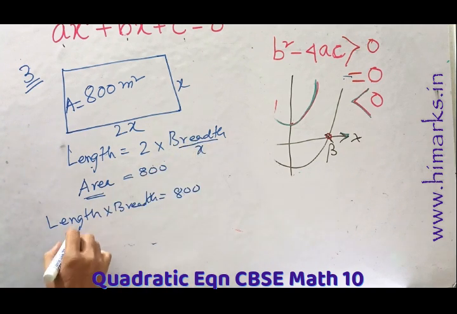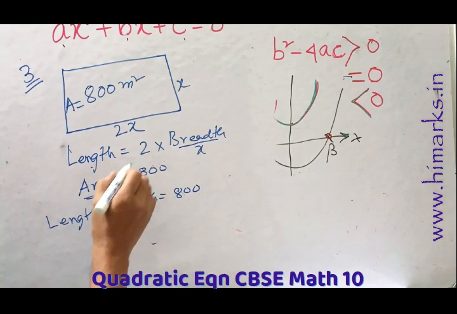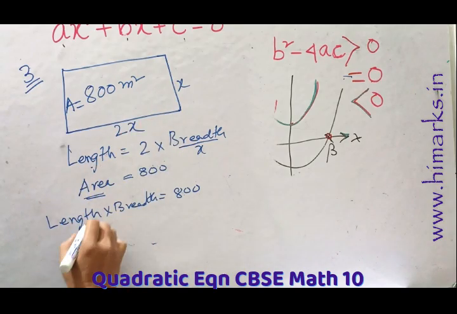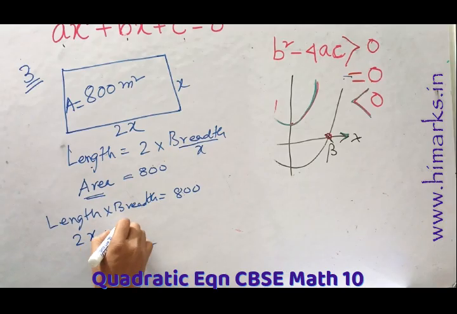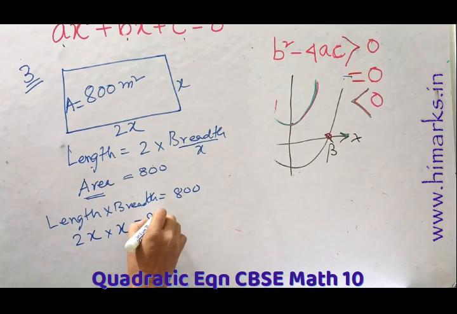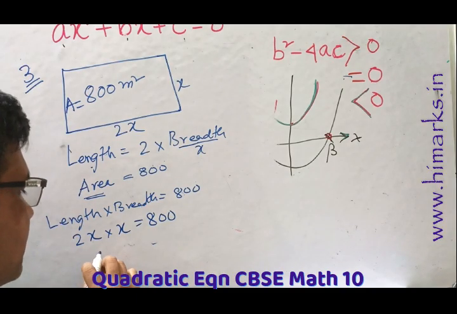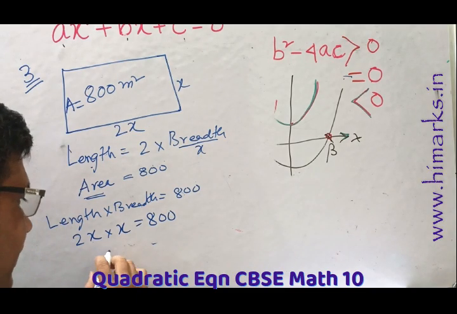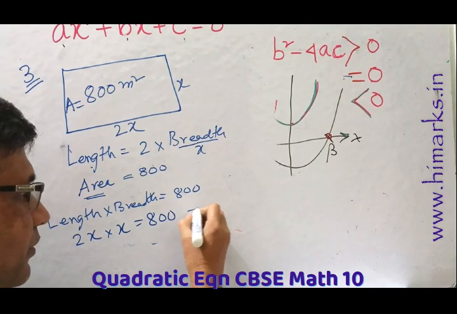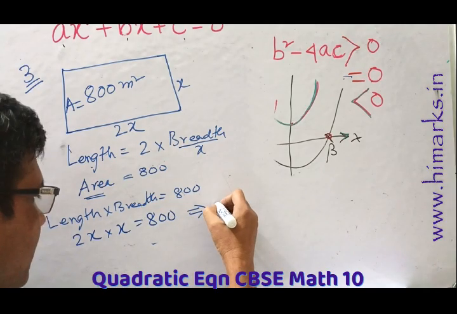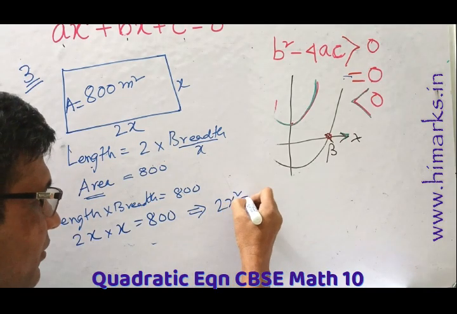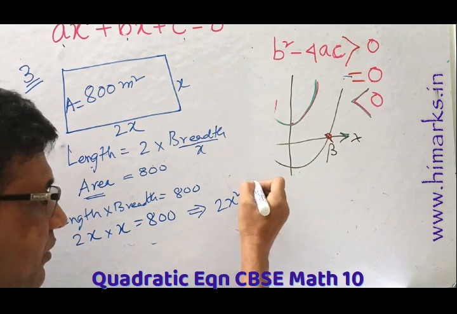If the breadth is x, the length is 2x. So the length 2x into x equal to 800. Okay, so what it has given is also a quadratic equation. So this gives 2x square is 800.